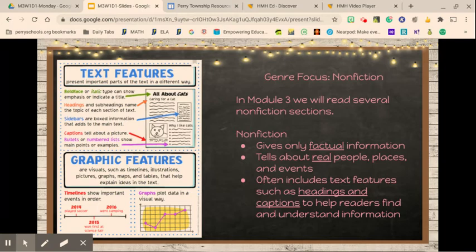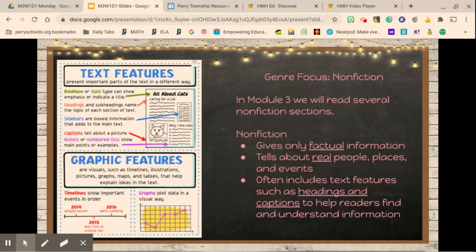Looking at the poster, we've had a poster about different text features. And remember, text features present important parts of the text in a different way. So text features are the way that words are written. When you look at this chart, you can see boldfaced or italic type, and they can show emphasis or indicate a title.